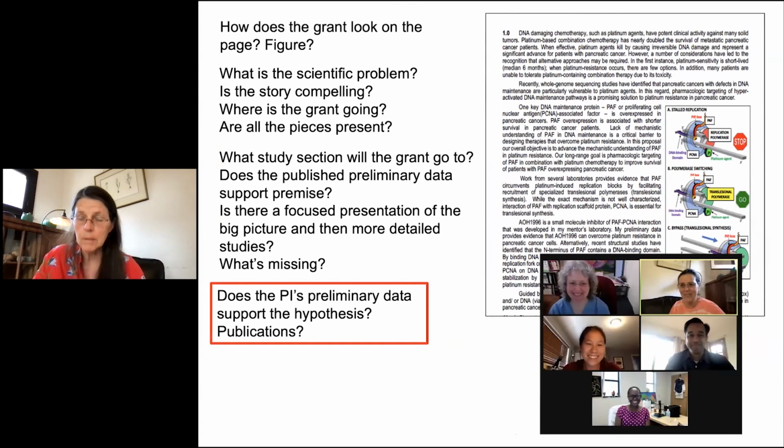And this gets into something really important. Study sections love first author publications for Ks and last author publications for Rs. So if you're applying for a first-time R, they're going to be looking that you have a senior author publication that is linked and supports your new grant.